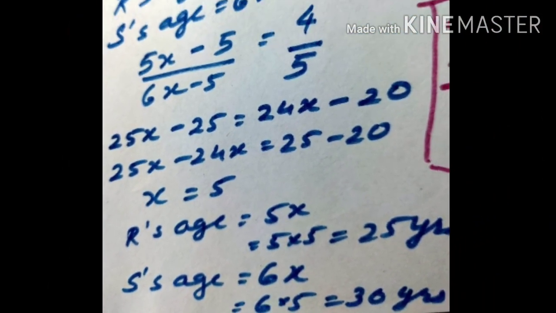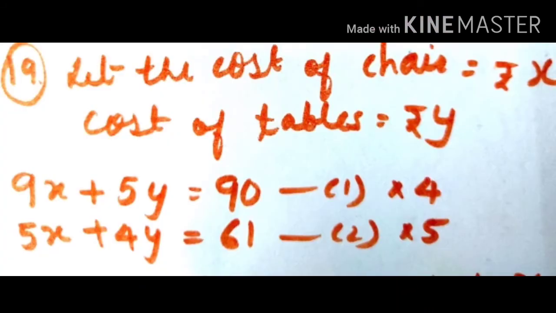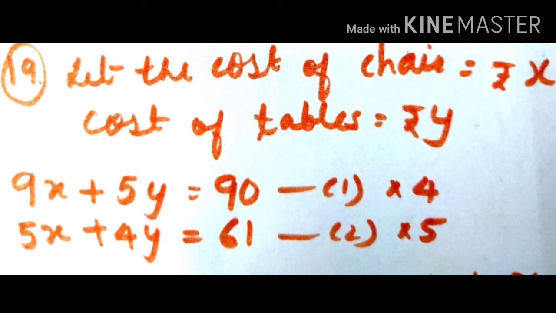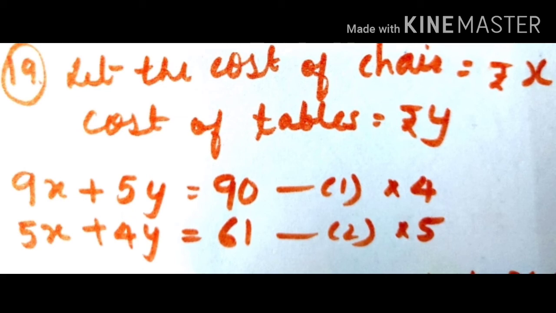Now we come to problems based on articles and costs. We are taking question number 19. 9 chairs and 5 tables cost rupees 90. In the first line, 9 chairs and 5 tables cost together. So let the cost of a chair be rupees x and the cost of a table be rupees y.